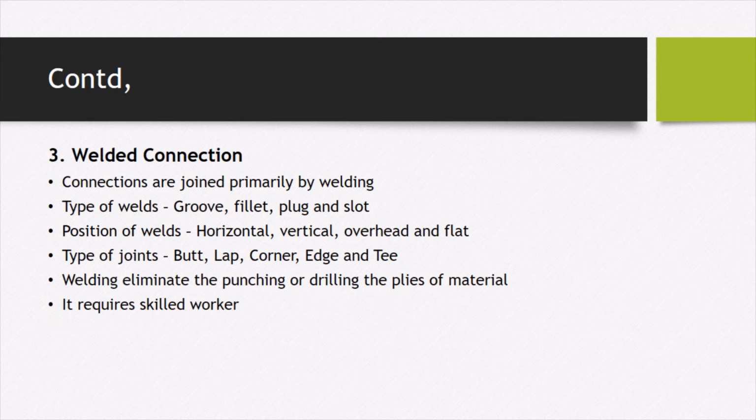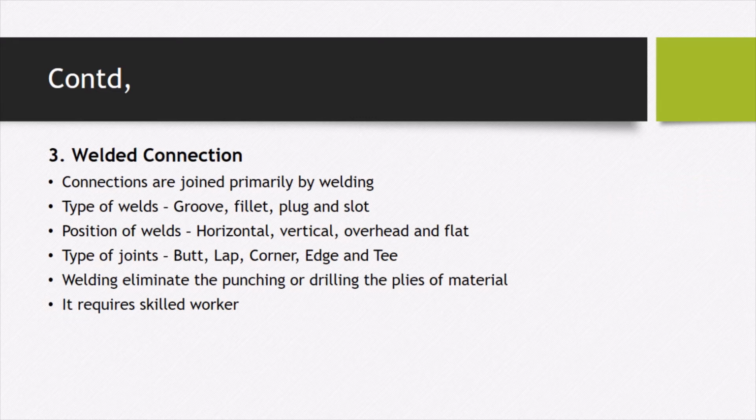Instead of that, you need to go for welding, because the load value will be maximum. So generally, if the bending moment and forces acting on the member are very high, then you can go for a welded connection. It is going to be a permanent connection.